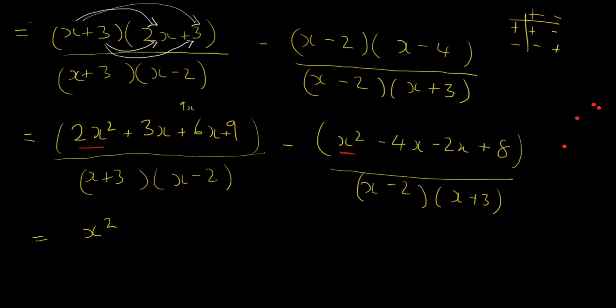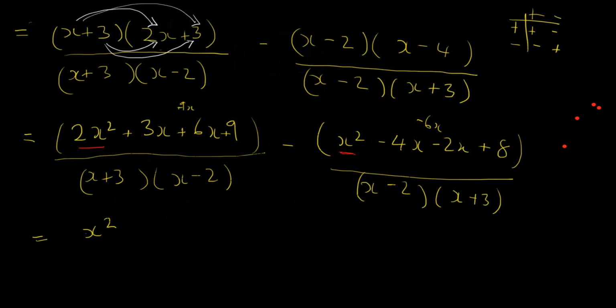And I've also got here a minus 6x. Agreed? So help me out here. I've got a plus 9, 9 minus 6.